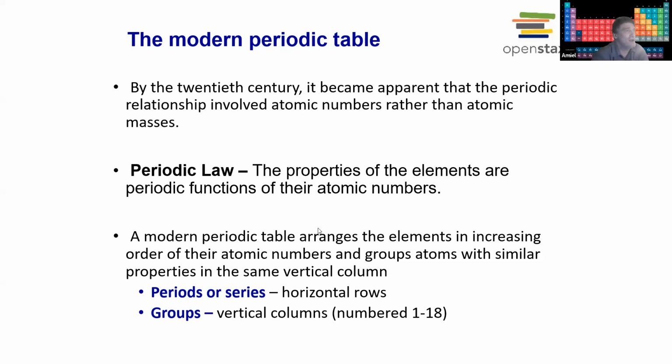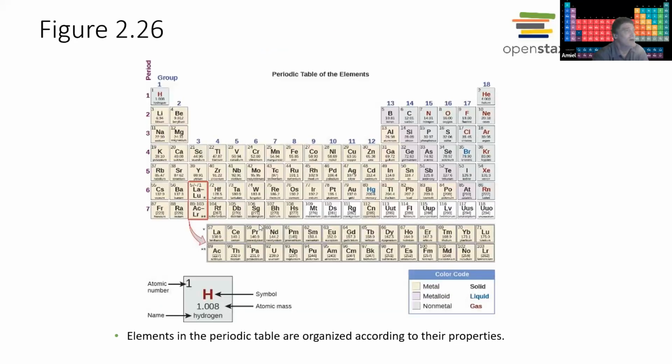A modern periodic table has groups that are vertical columns numbered 1 through 18, and periods which are horizontal. And so let's take a look at some of these groups and periods. So here you're seeing the group going across 1, 2, 3, 4, 5, 6, 7, 8, all the way up to 18. And there are 7 periods, or 7 horizontal rows.